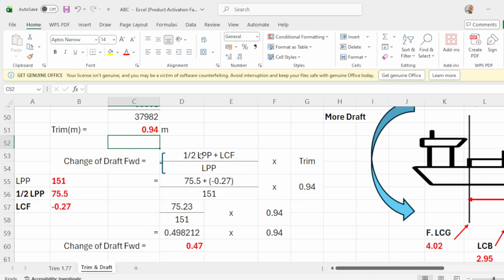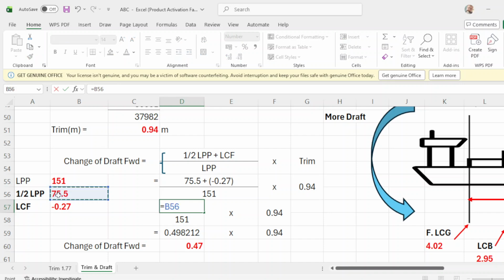So 1/2 of LPP is 75.5 plus your LCF of negative 0.27 over your LPP is 151, times your trim of 0.94. First you add this one, 1/2 LPP is 75.5 plus your LCF of negative 0.27, and that will be the value.